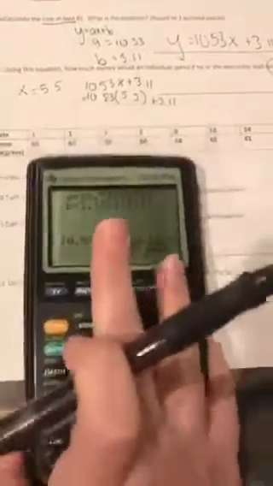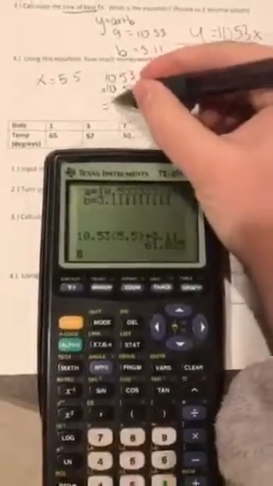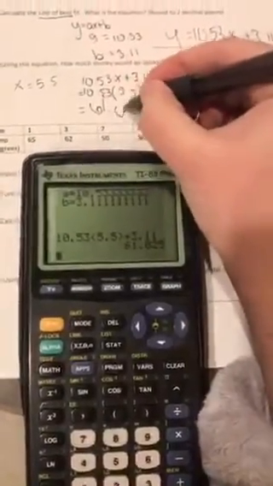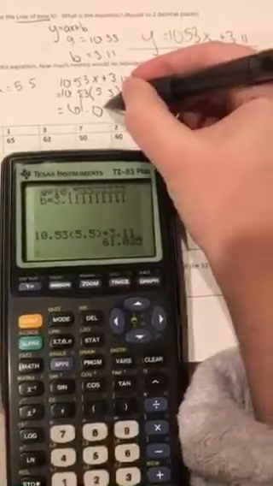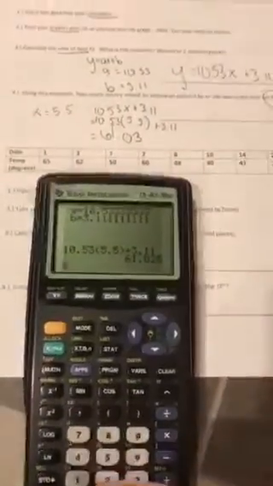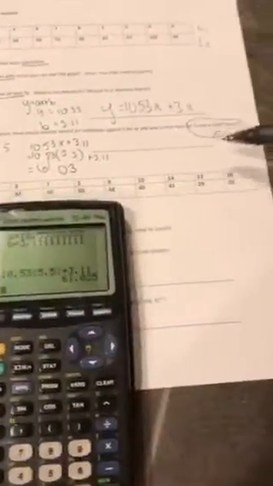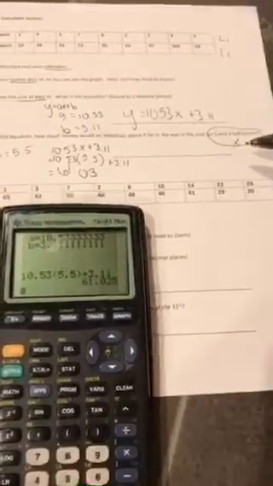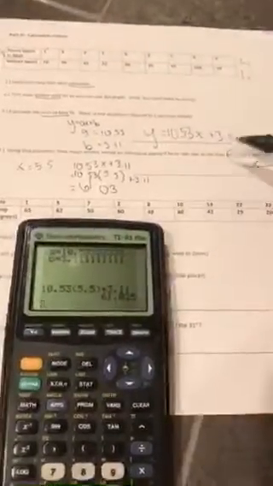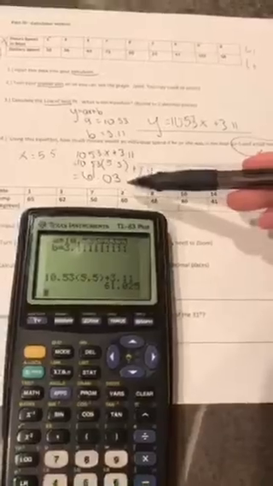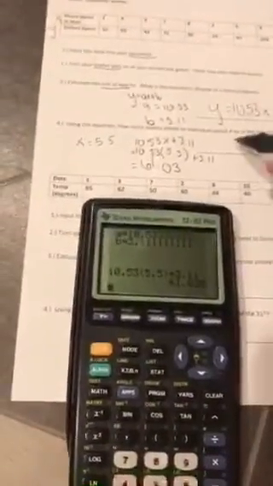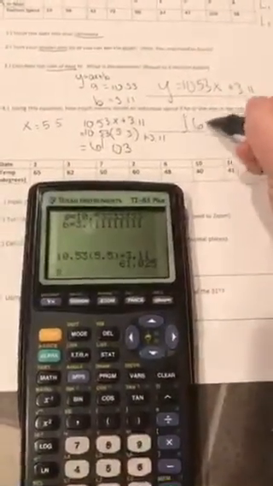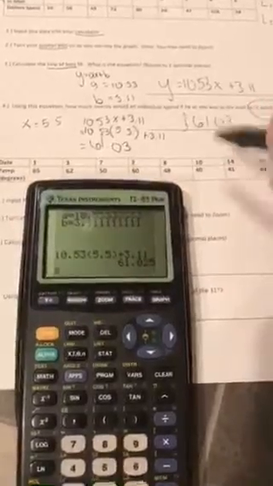So that gives us 61.025, so I'll say 61.03. So that's saying that if someone spent 5.5 hours in the mall, based on the equation that we made up here, they're going to spend $61.03. So that would be our answer for that part.